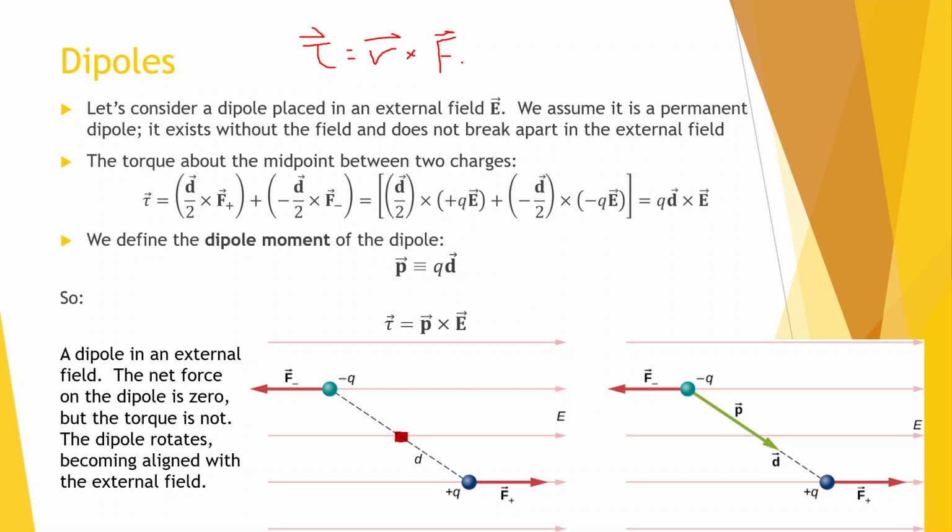We have two charges with some force, and the midpoint between the two is going to be our distance, R. So we now have our distance between the two charges divided by 2 would give us this distance here, which is what we're concerned with. And we will cross that with each of our forces.